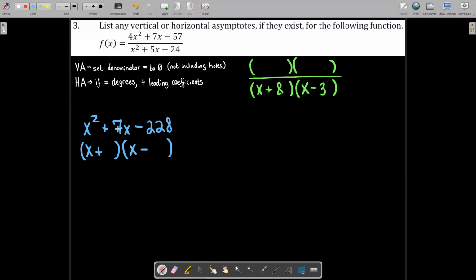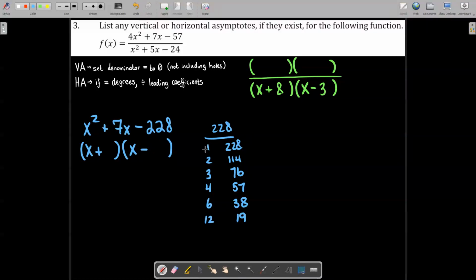I know the larger number is going to be positive. Let's come up with a list. 228 is 1 times 228, 2 times 114, 3 times 76, 4 times 57. 5 doesn't go in. 6 will go in 38 times. 7 does not go in. 8 does not go in. 9 won't go in. 10 doesn't go in. 11 does not go in. 12 does, because 12 goes into 22 one time with 108 left over, so 19.